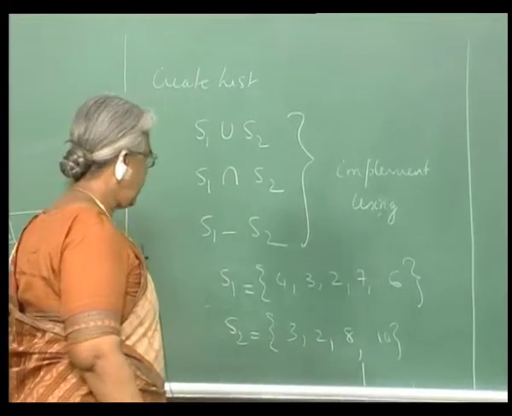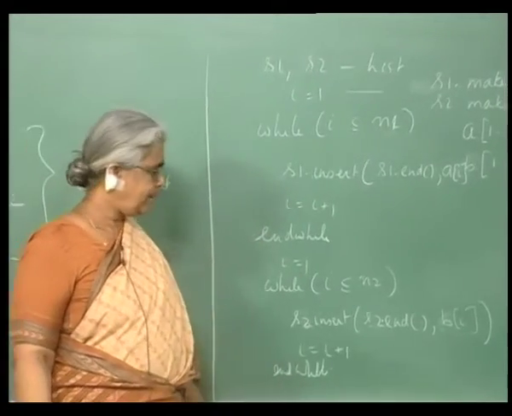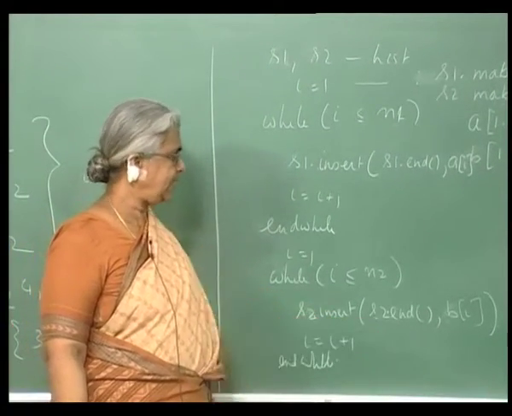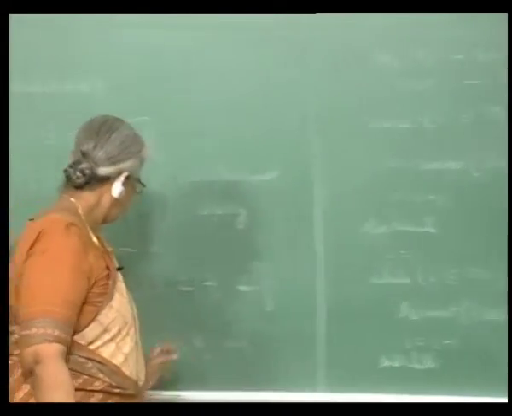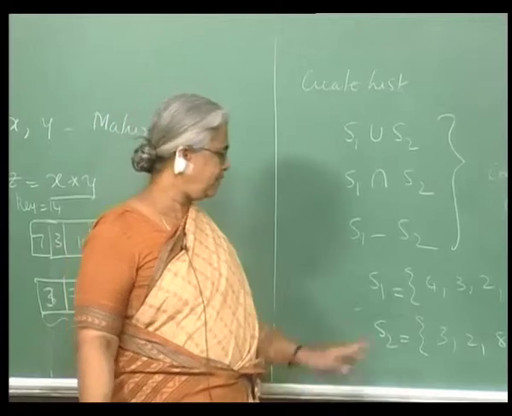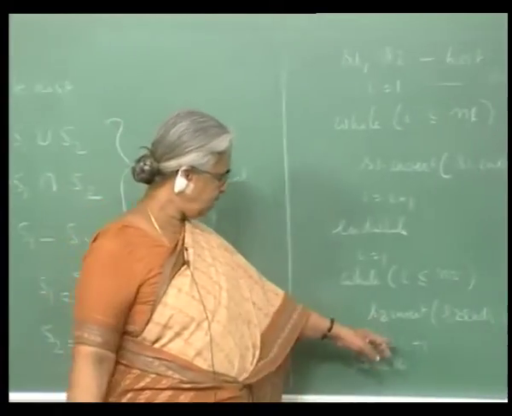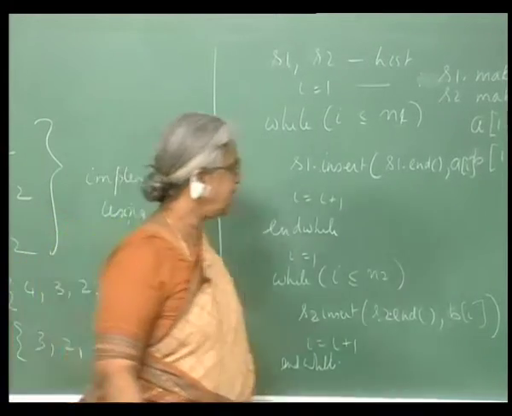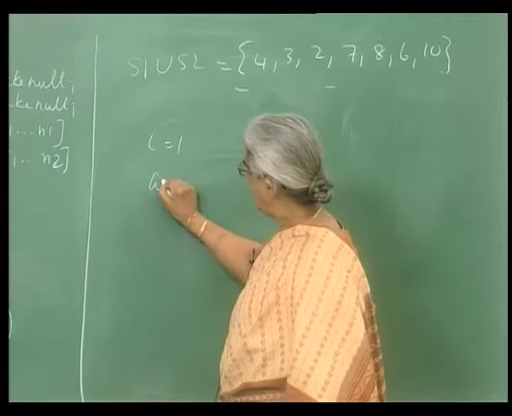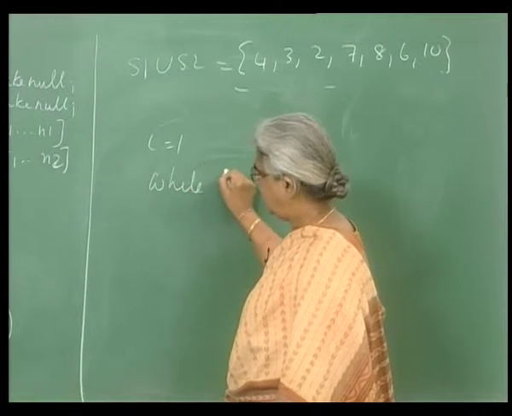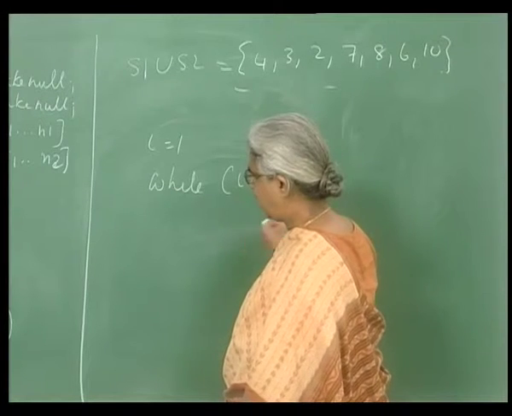So what we could do is start off with set S1. We know where the elements in set S2 are, and till the end of the list, we take all of them and just insert them at the end of S1. We could do that. So what would I do now? I have already done this over here, so I can start with I equal to 1, and while I less than or equal to N2, what am I going to do?